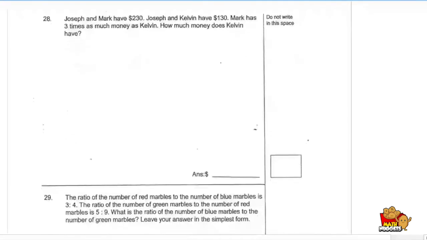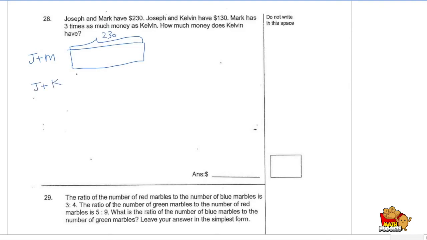Question 28. This is a repeated identity model. How do we draw this? J plus M is $230.